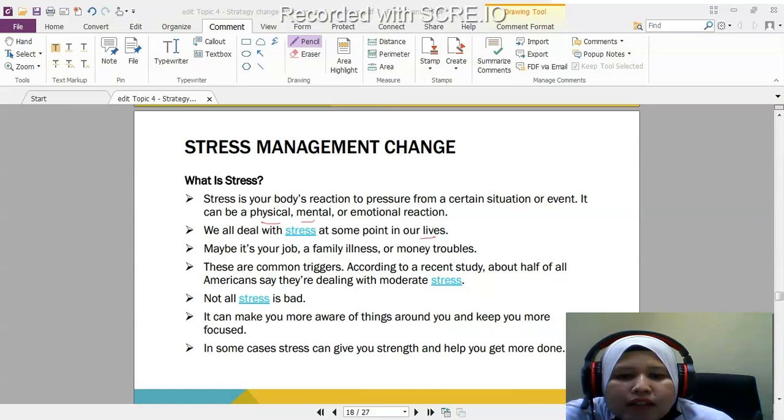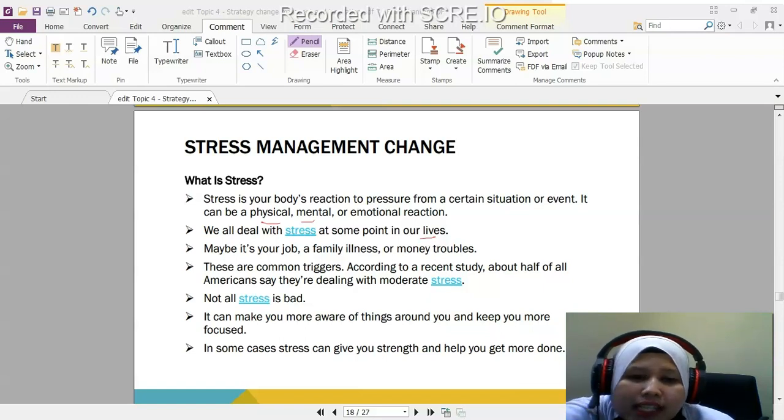Many of us today are facing stressful situations. Maybe you are an employee and you are stressed because your work environment is not good for you, or you are a student with a lot of work to do, assignments and tutorials to accomplish. That is also a factor of your stress situation.